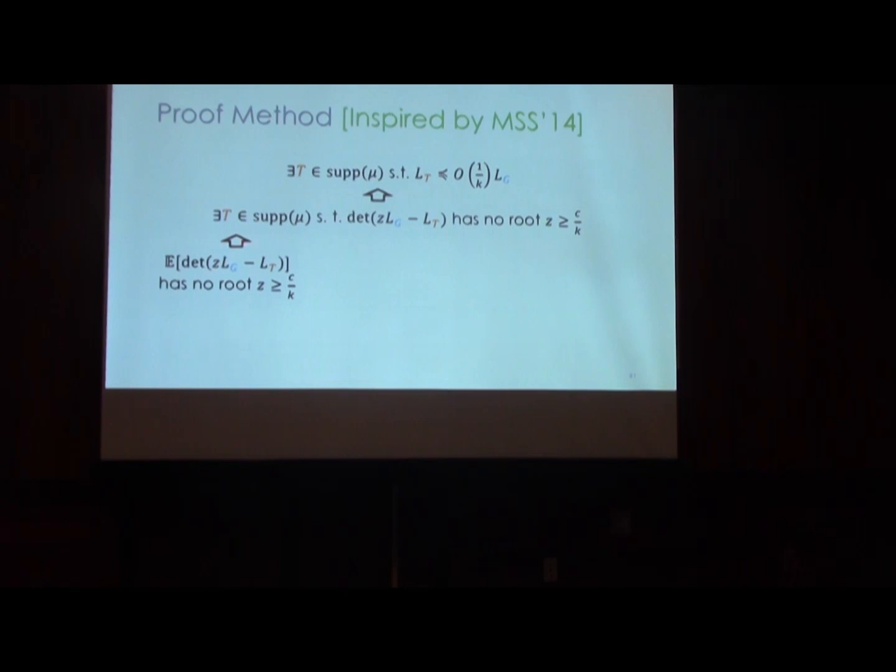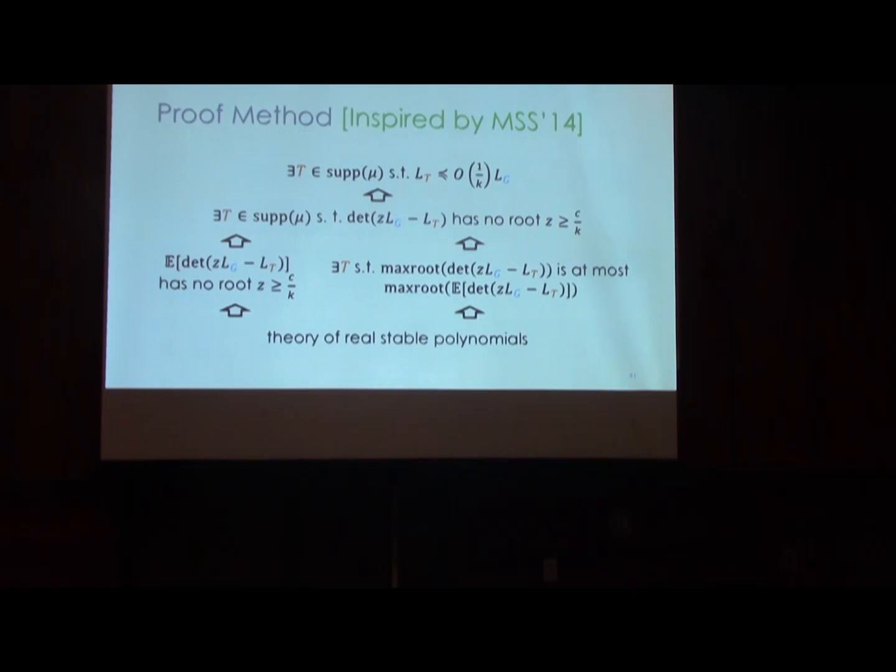So this is an expected polynomial, and it's not obvious at all that it has real roots or anything. But we're going to show that it has real roots and that no root of it is bigger than c over k. Then we are going to show that there has to be a point in the support whose max root is bounded by the max root of this average. And then from these two I would get this. Basically I'm going to use the theory of real stable polynomials to get both of these results. Is that clear?